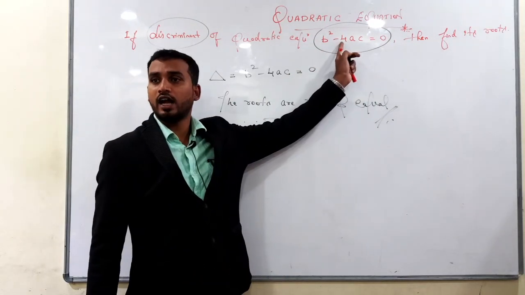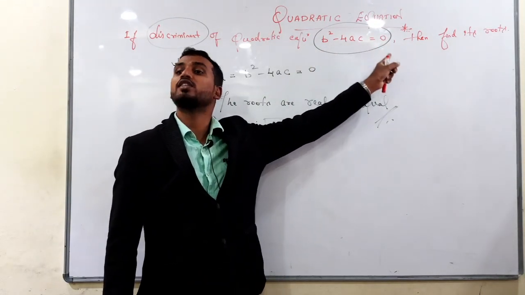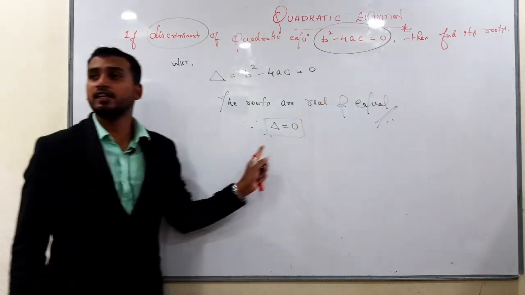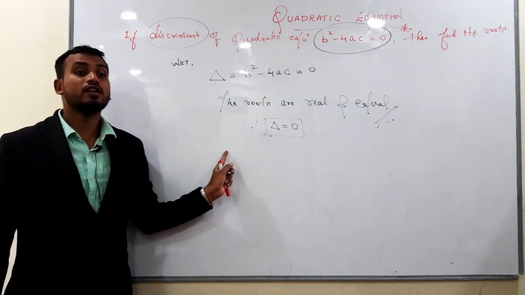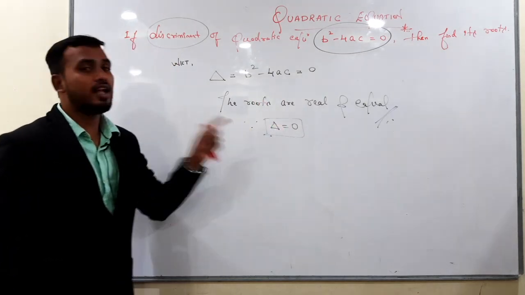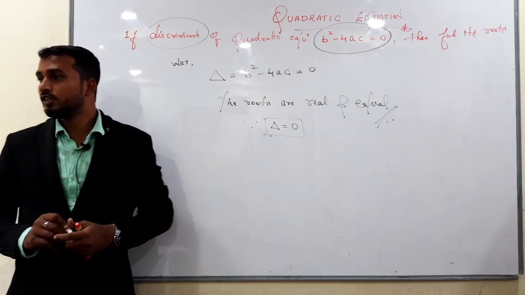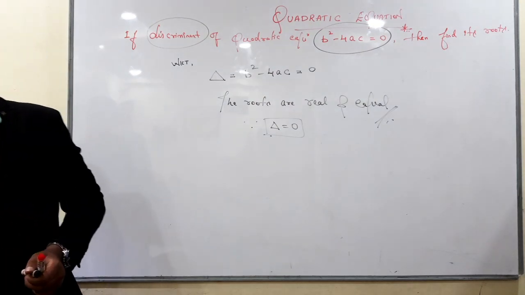Already they have given that the delta value is 0. So what can we write? The roots are real and equal. So this is the answer. Copy down. Got it? Good.